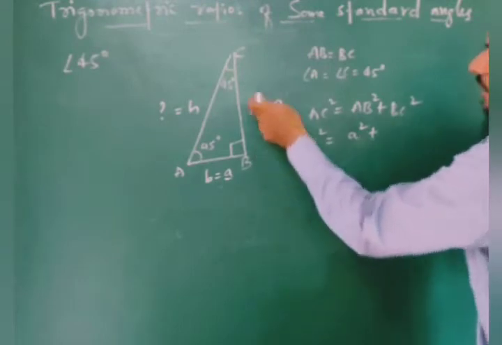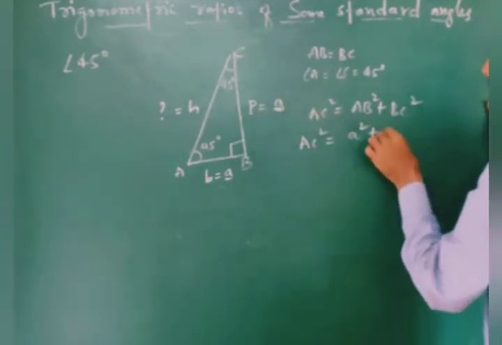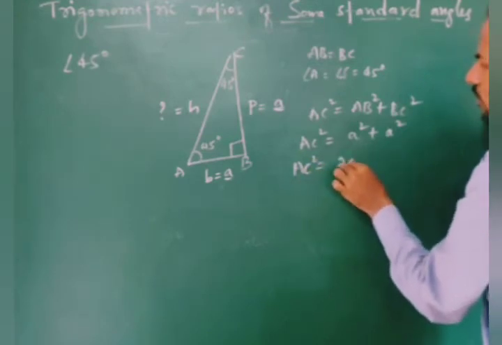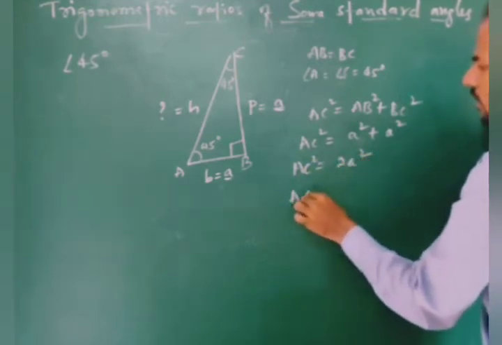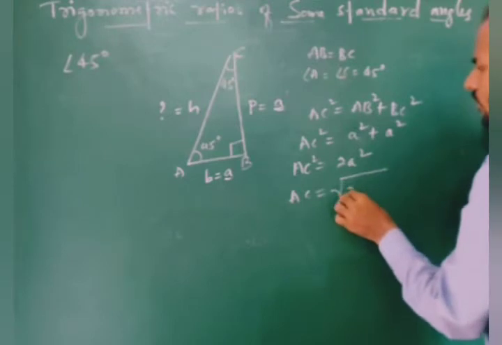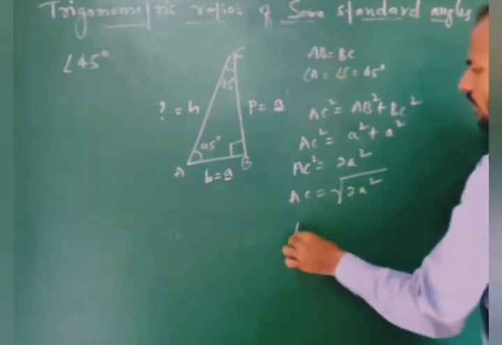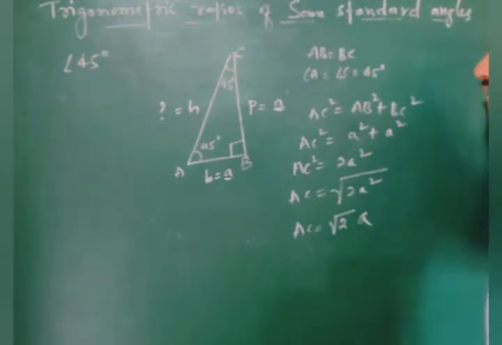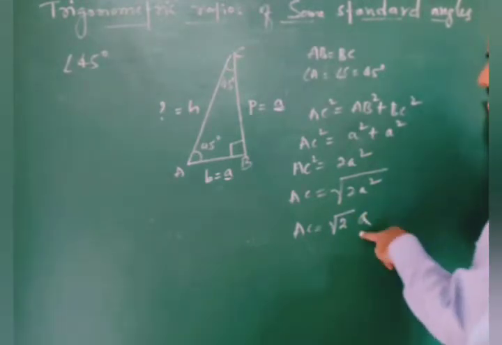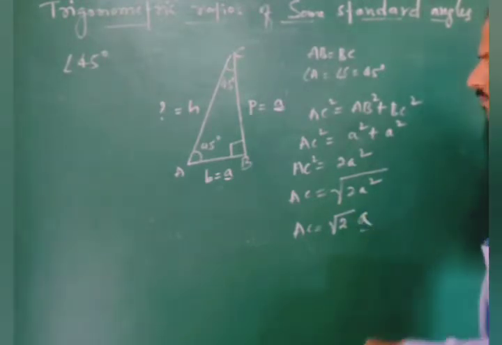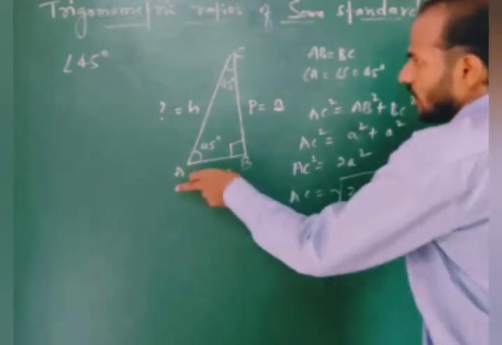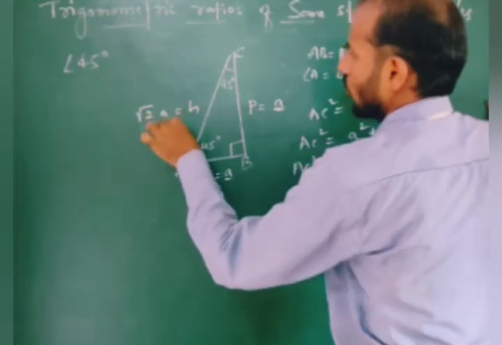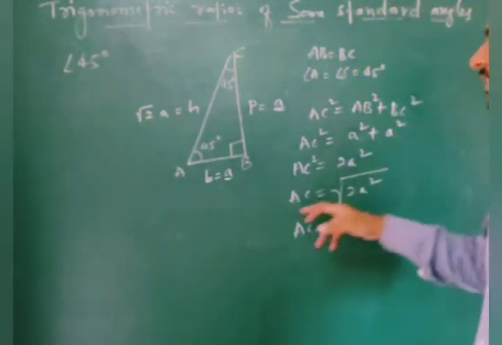Similarly BC value is a, again a square. Therefore AC square equals 2a square. Therefore AC equals under root of 2a square, which is root 2 into a. Here AC value is root 2 a.